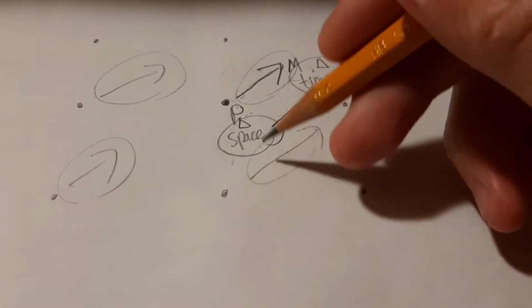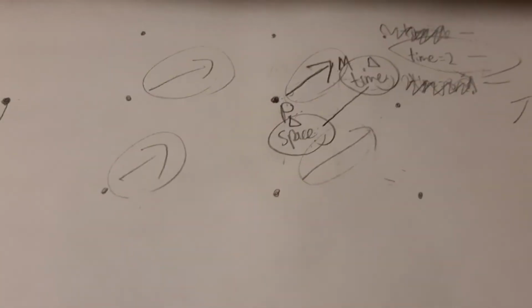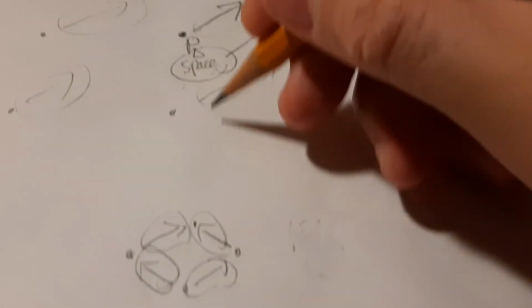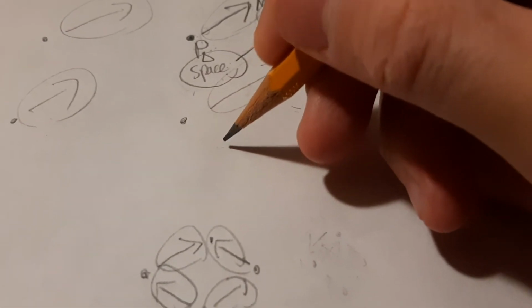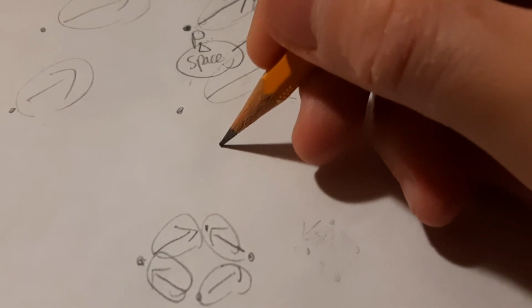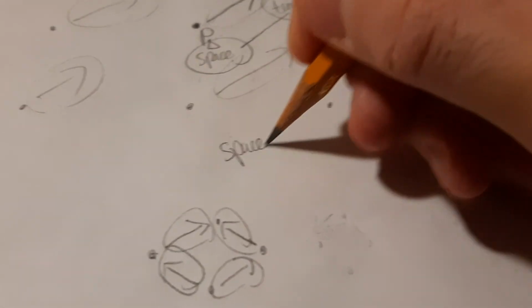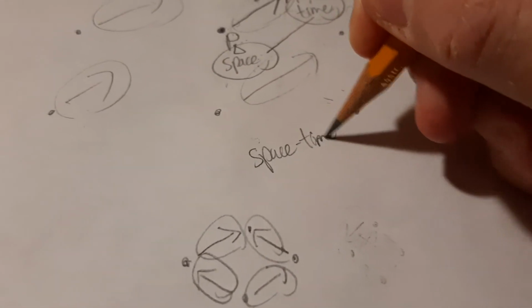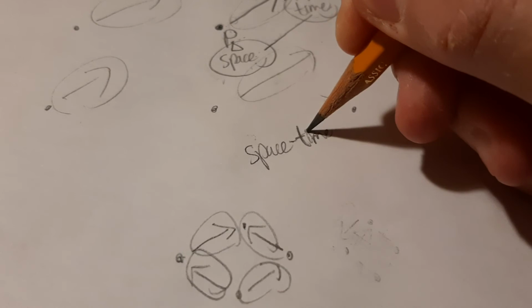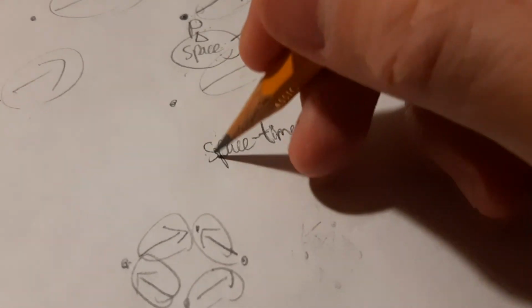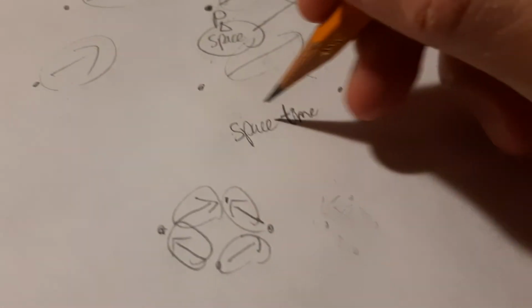I say that because this is where it gets really interesting. We have general relativity, where space-time is just one. It's actually one entity. When you bend space, you bend time, and when you bend time, you bend space.